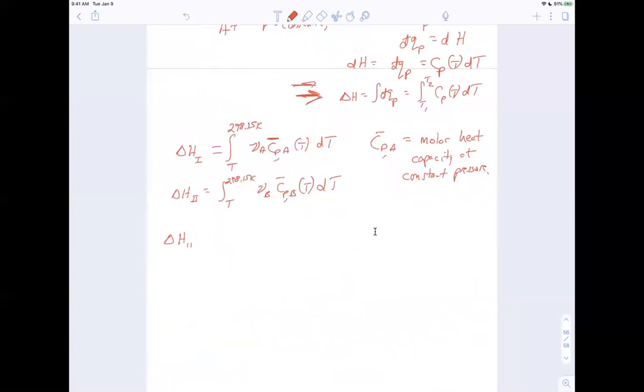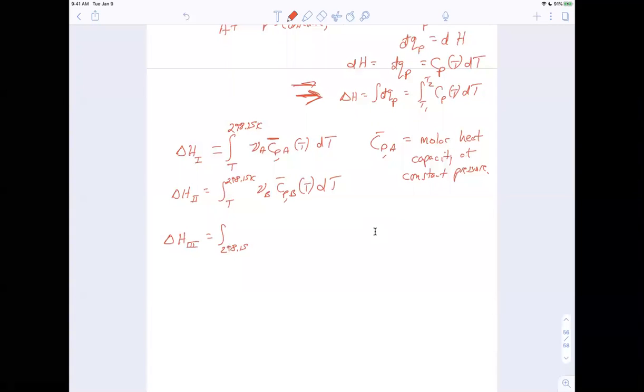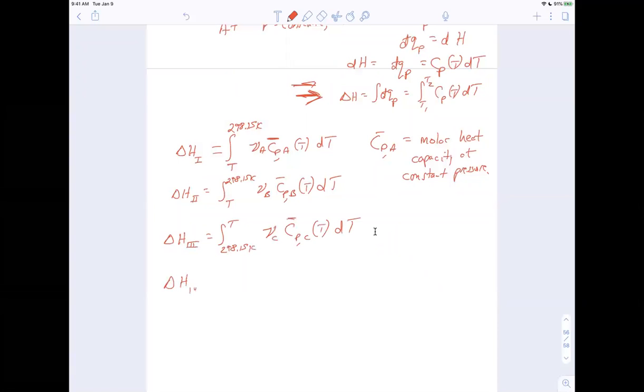Delta H3 is equal to, now we're going to start at 298.15, we're going to go to T, and this is going to be nu sub C times the molar heat capacity of C as a function of T dt. And we'll do the same from 298.15 Kelvin to T of nu sub D times Cp of D dt. Okay, so those are our four delta H's, 1, 2, 3, 4.